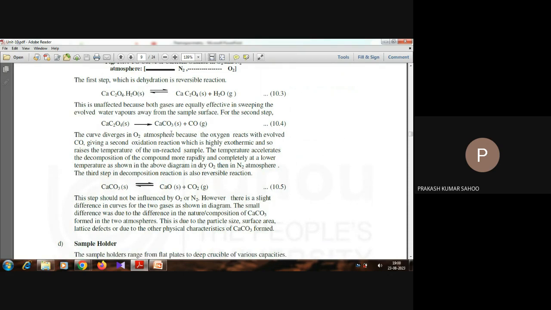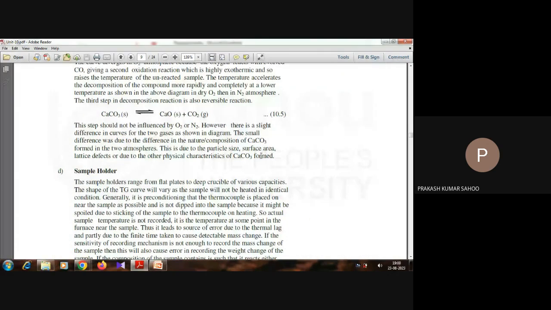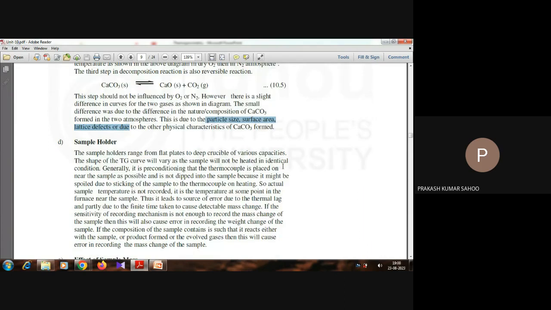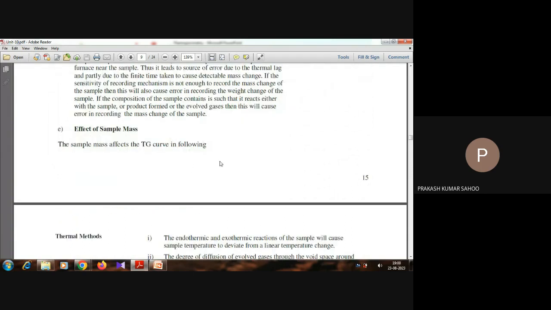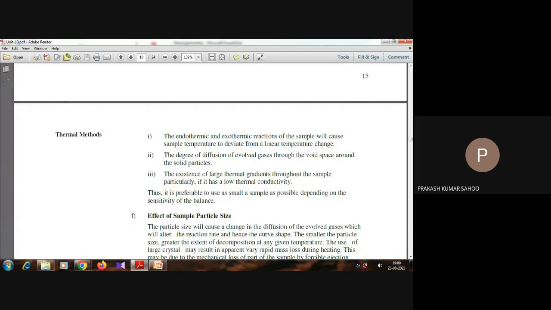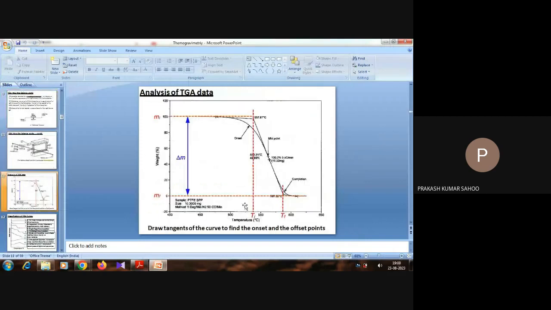These things were also already discussed, and they depend on the particle size, surface area, and lattice effect. These are the factors on which this decomposition depends. Sample holder size was already discussed. Then effect of sample mass.